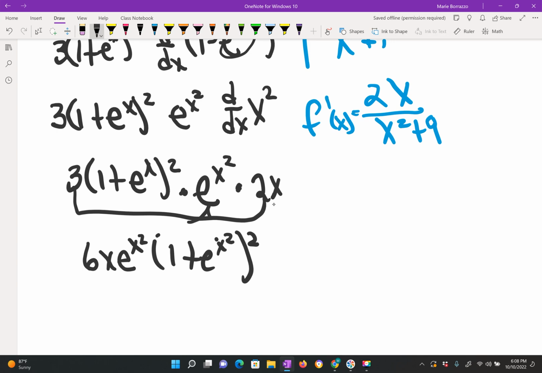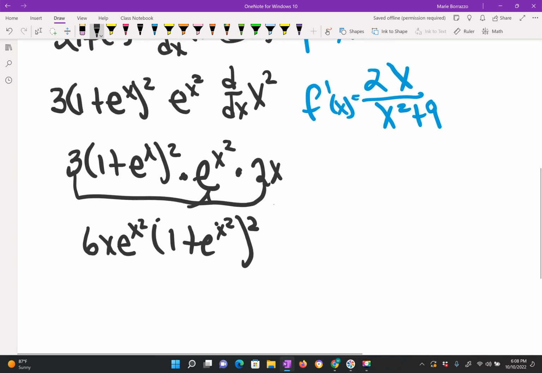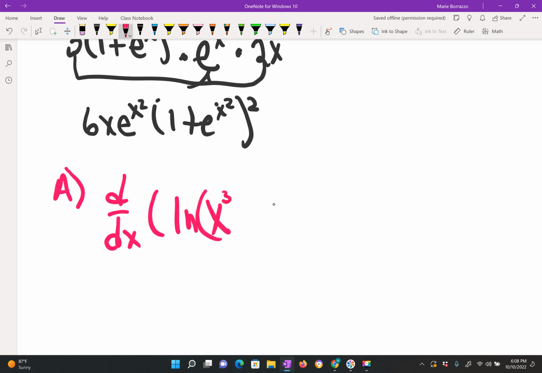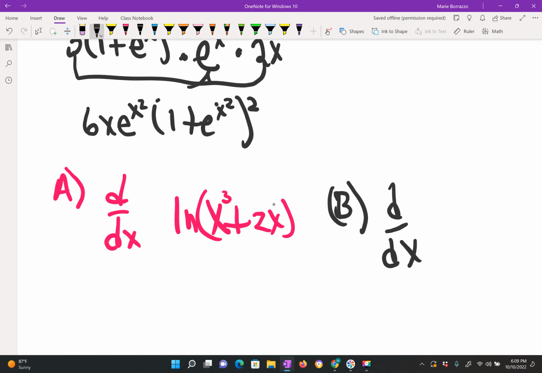All right. I'm going to throw 3 questions at you. You don't have to do them now because you're going to be over the class time, but try them while you're doing your homework and such. I'll start the class going over this. So we have d over dx of natural log of x cubed plus 2x, and part B, I want you to find the derivative if I give you d over dx e to the third power x squared plus 2.